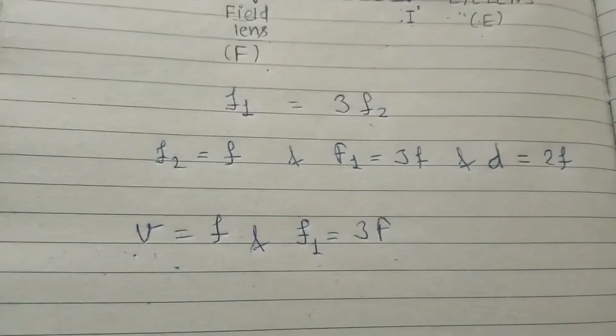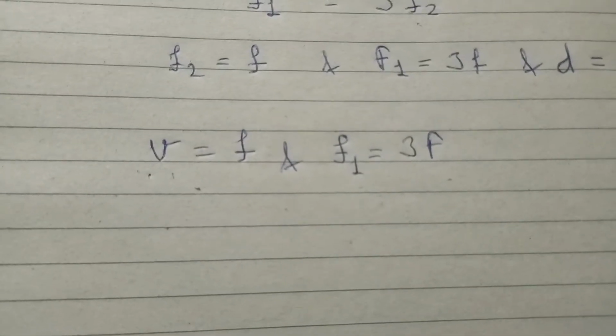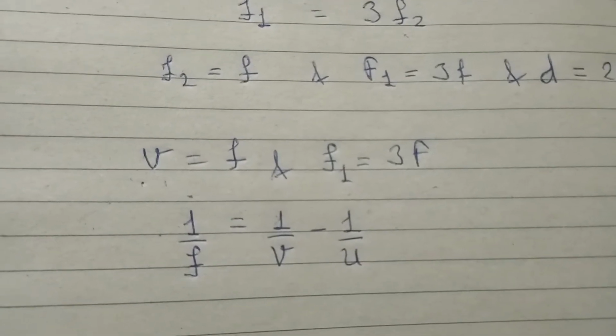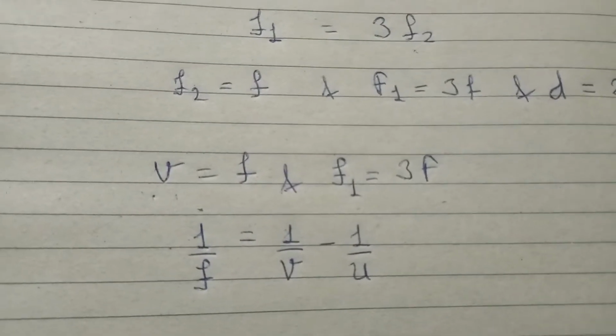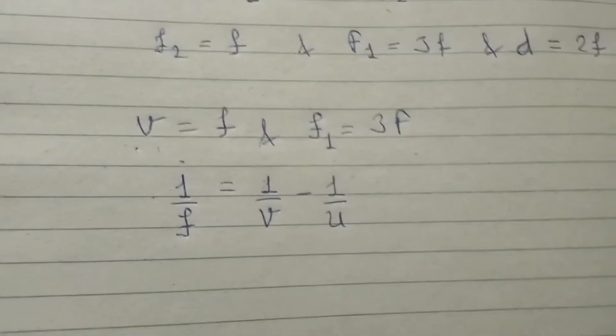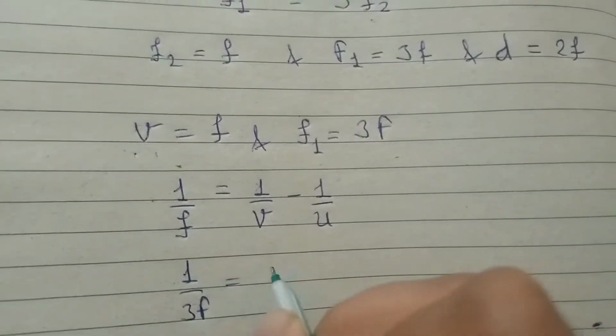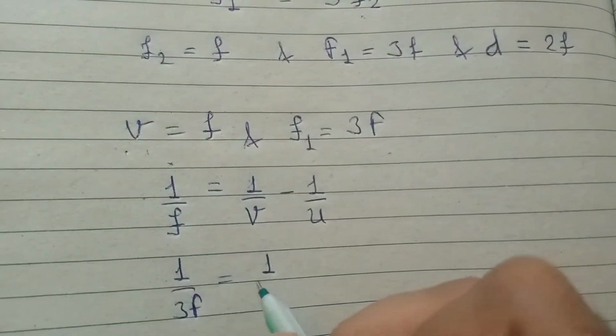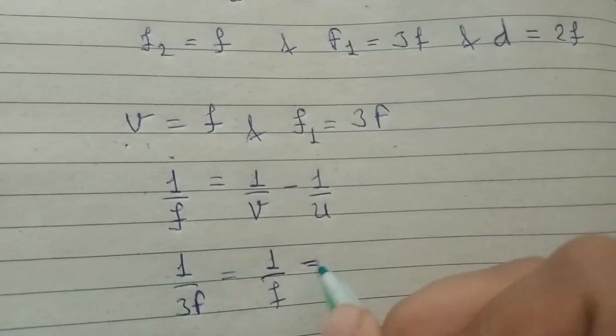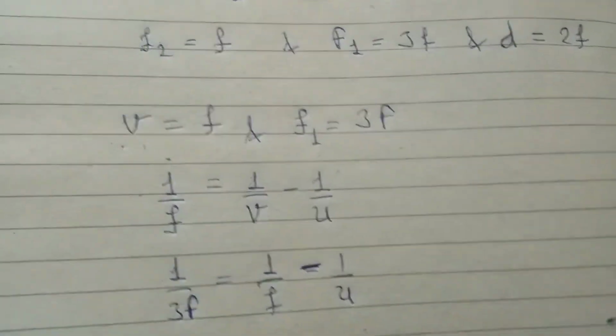is equal to 3f, and we know the lens formula, that is 1 by f is equal to 1 by v minus 1 by u. So in this case, as the focal length is equal to 3f and our v is equal to f and minus 1 by u.